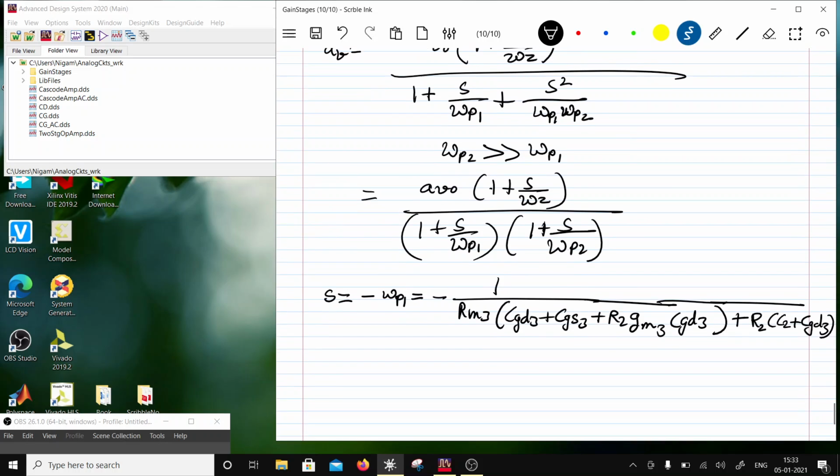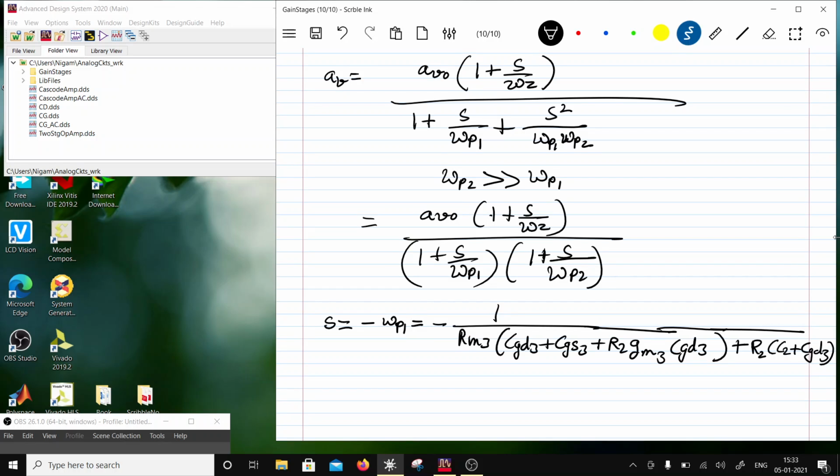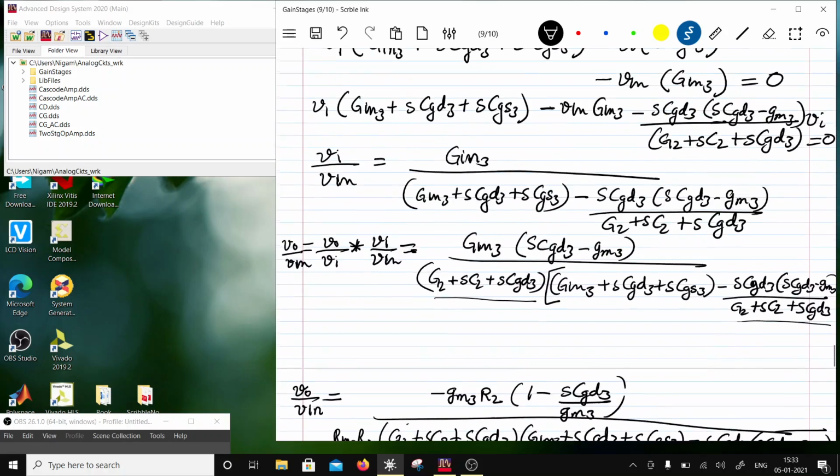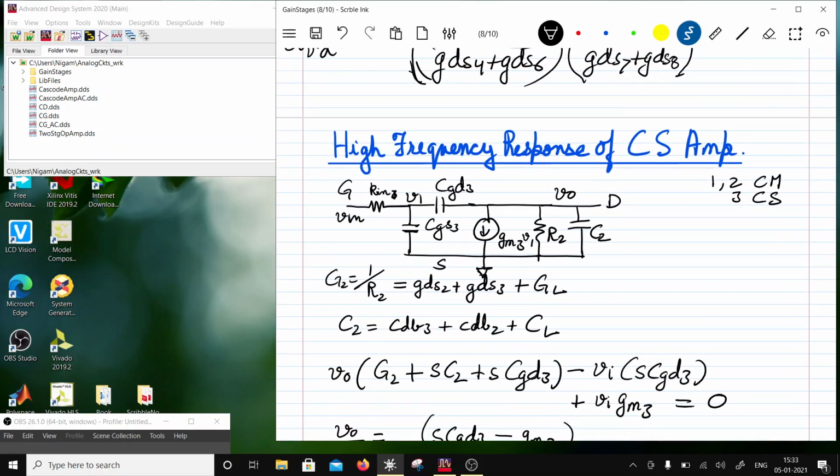Okay, so let's see in terms of RC time constant. Look at this input node. The input node is R in 3, and I will consider the capacitances CGD3 and CGS3.